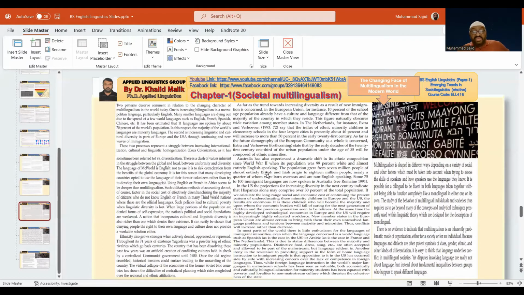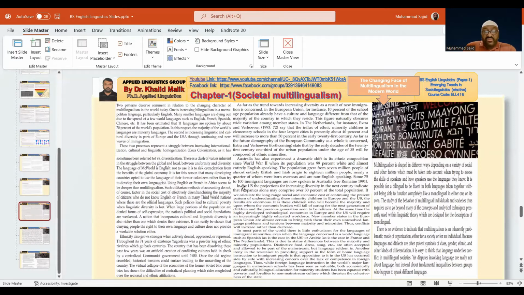Australia has also experienced a dramatic shift in its ethnic composition since World War II, when its population was 99% white and almost entirely English speaking. The population grew from 7 million people of almost entirely British and Irish origin to 18 million people, nearly a quarter of whom were born overseas and are non-English speaking.